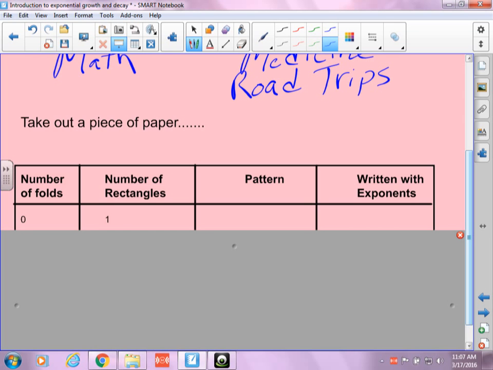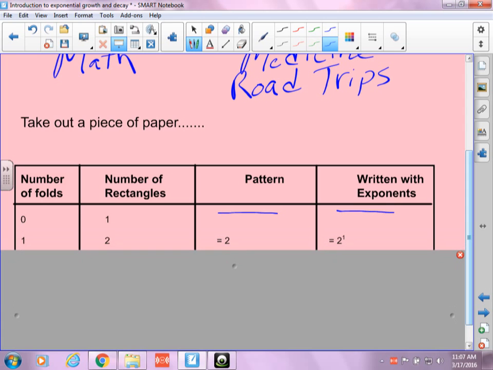Right now, if I just take a look at my sheet of paper the way it is, and I don't put any folds in it, how many rectangles do I have? One. I have one, and I'm not going to look at a pattern, and I'm not going to look at any other part. So I'm going to just put kind of a line through that.